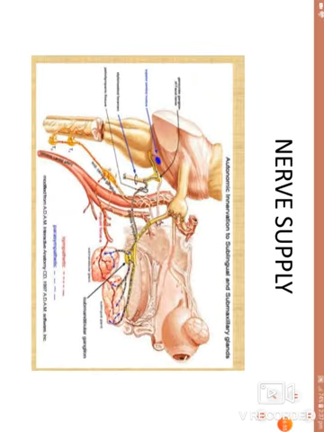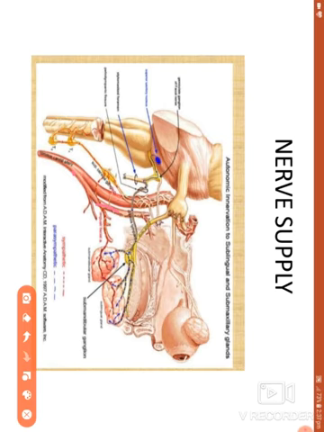Then here you can see the nerve supply. This is the common carotid artery, and the external and internal carotid. There is a nerve plexus over the external and internal carotid, the sympathetic plexus, which supplies both the submandibular and sublingual salivary glands.